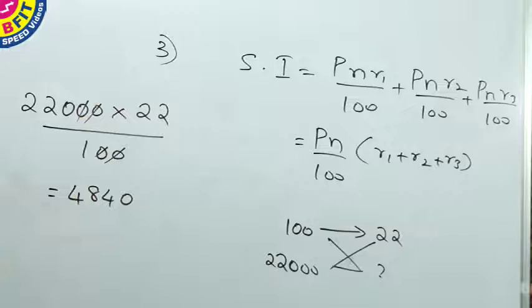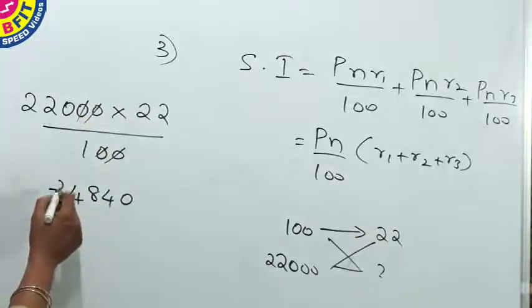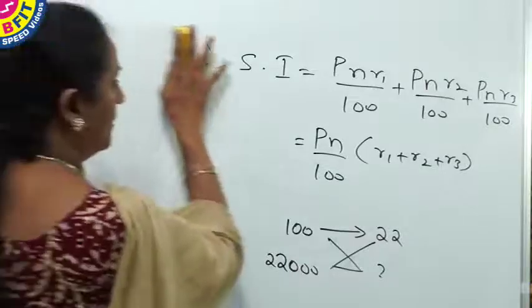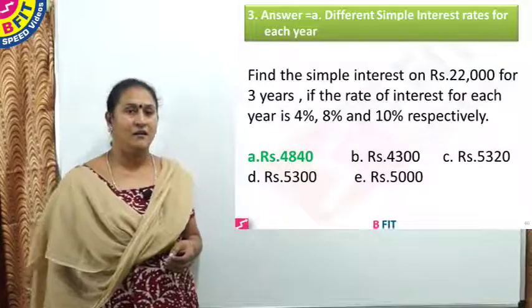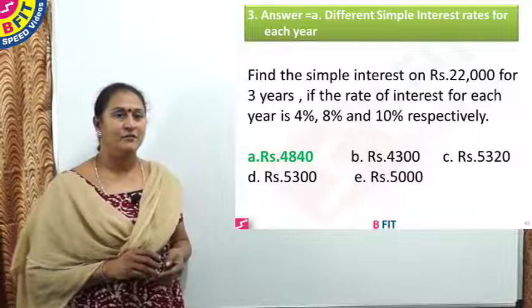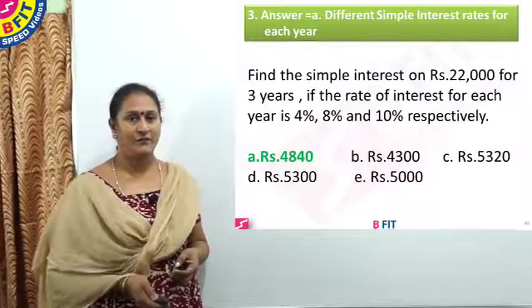So the interest got after 3 years is rupees 4,840. And the answer for question number 3 is option A, rupees 4,840.